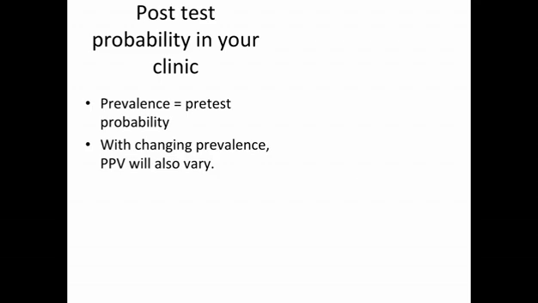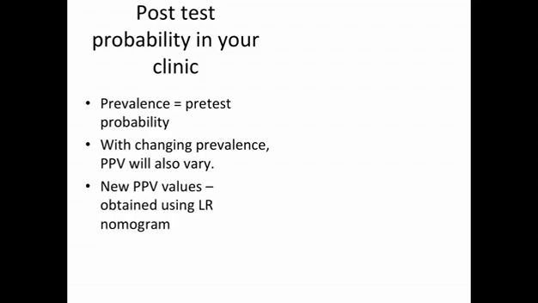PPV, which is nothing but post-test probability, or the positive predictive value, varies with prevalence. We have seen this previously. The PPV from a study may not be directly applicable to your patients because of the variation in the prevalence rates between your population and the sample in which the study was conducted. So you need to obtain new PPV values.